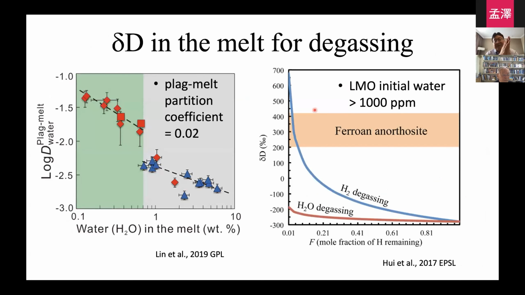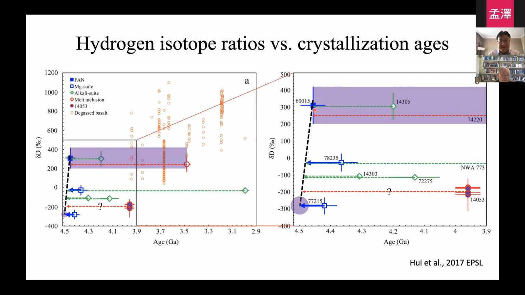Based on this interpretation, we can say the hydrogen isotope composition of the early lunar magma ocean is about minus 270.